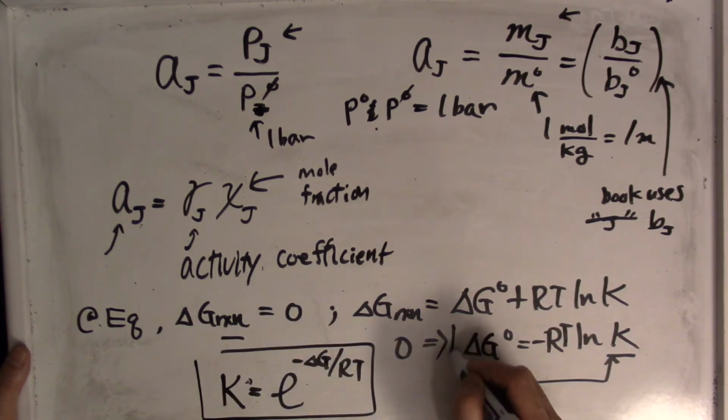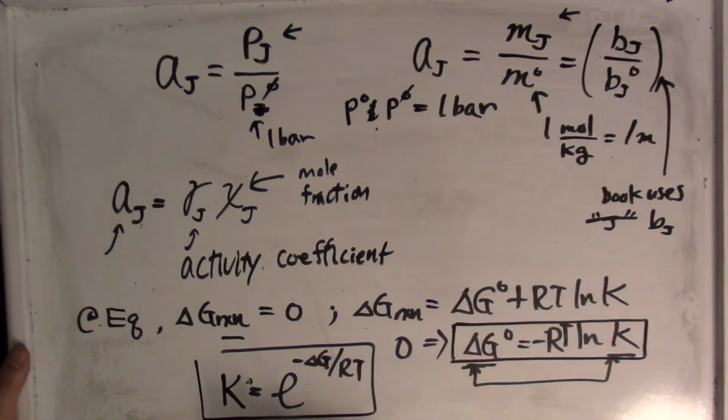Both of these are often used, and this relates the delta G standard condition and the equilibrium constant. How cool is that? So keep that in mind.